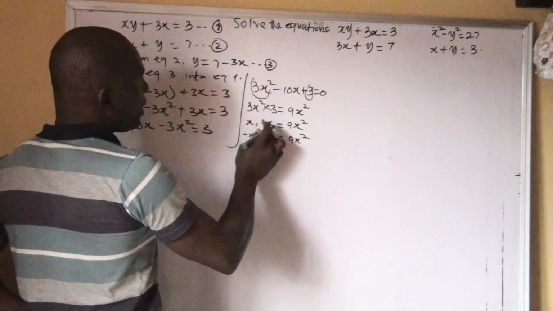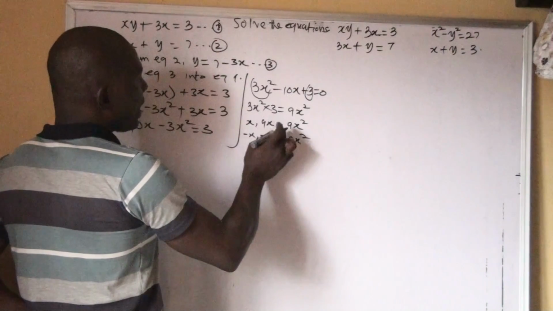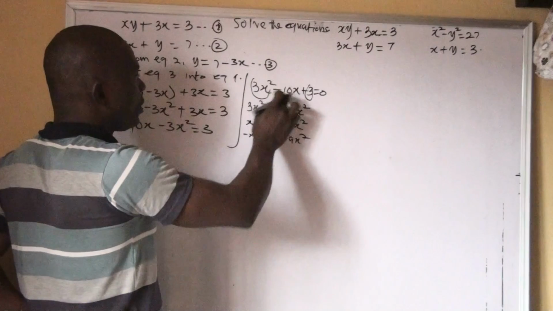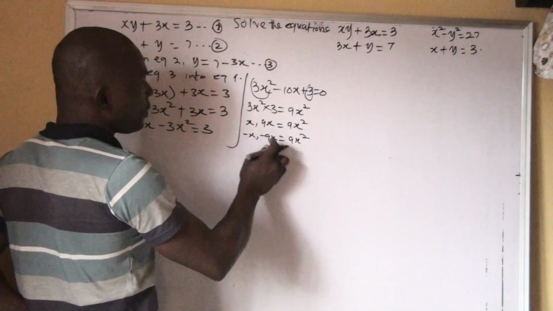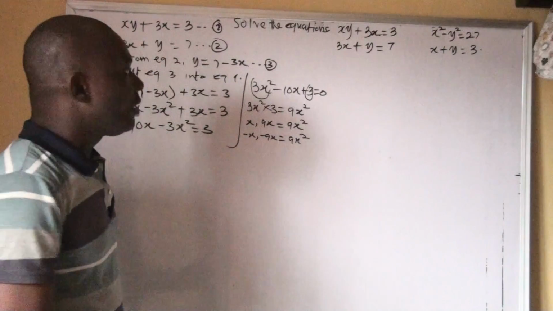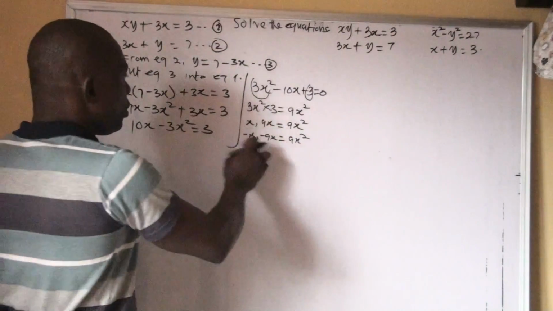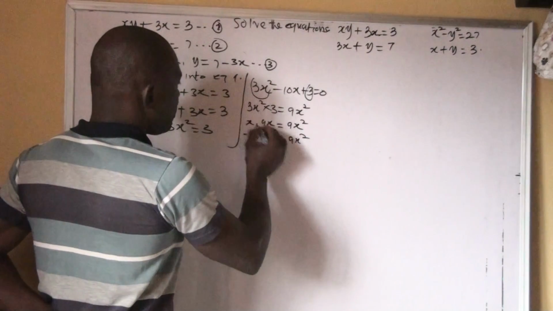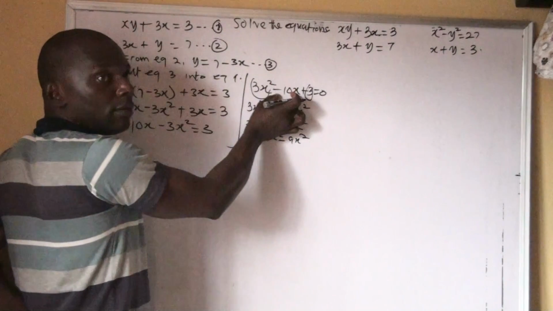But if we add x and 9x, it is not going to give us minus 10x, it's going to give us plus 10x. So the appropriate one is minus x minus 9x, that will give us minus 10x, and if we multiply, it also gives us 9x squared. So this one is out, and we pick this and replace it with the minus 10x.